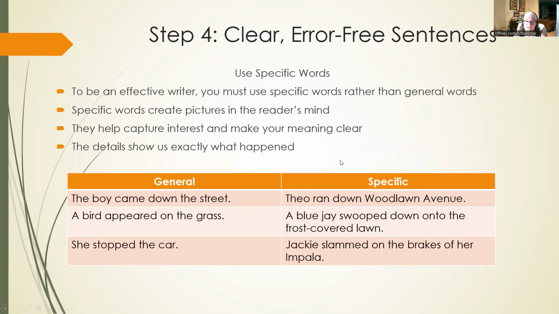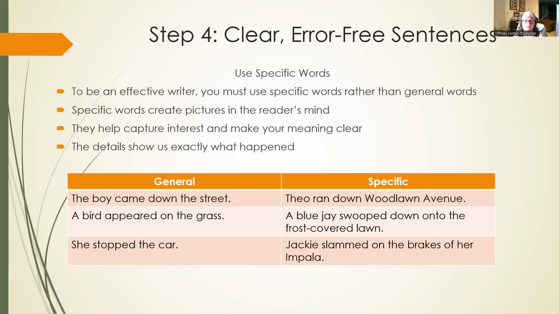All right. Another thing that we want to do to ensure that we have very clear, effective sentences is to use specific words rather than vague, general words. Specific words create pictures in the reader's mind. It engages the reader. It helps keep their interest, and it helps make your meaning much clearer.